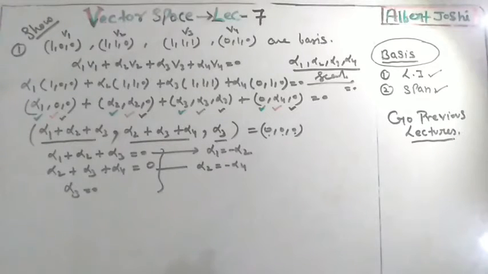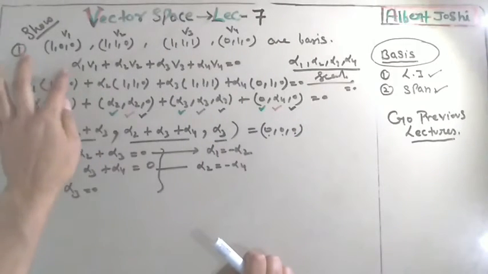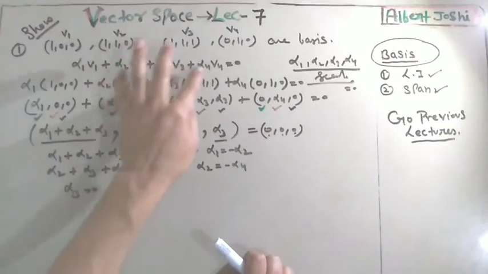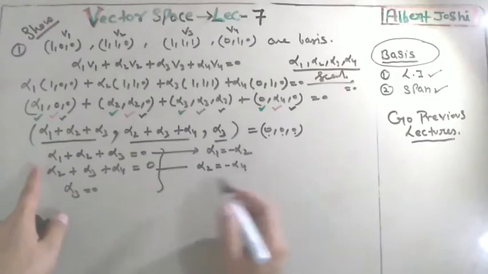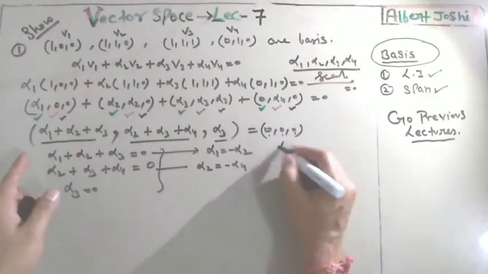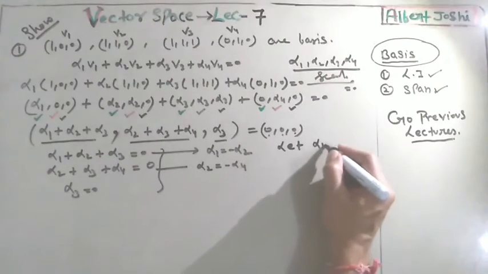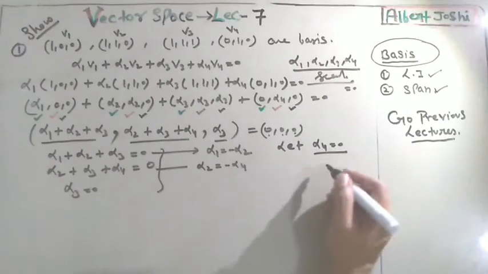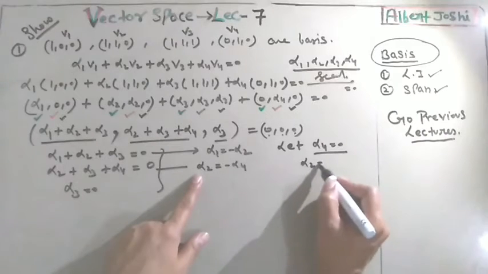Now you know that we have to prove that all must be 0 for linear independence. It is not easy to find the values of alpha 1, alpha 2, alpha 3, alpha 4. Let alpha 4 be equal to 0. If alpha 4 is equal to 0, then alpha 2 is also 0.